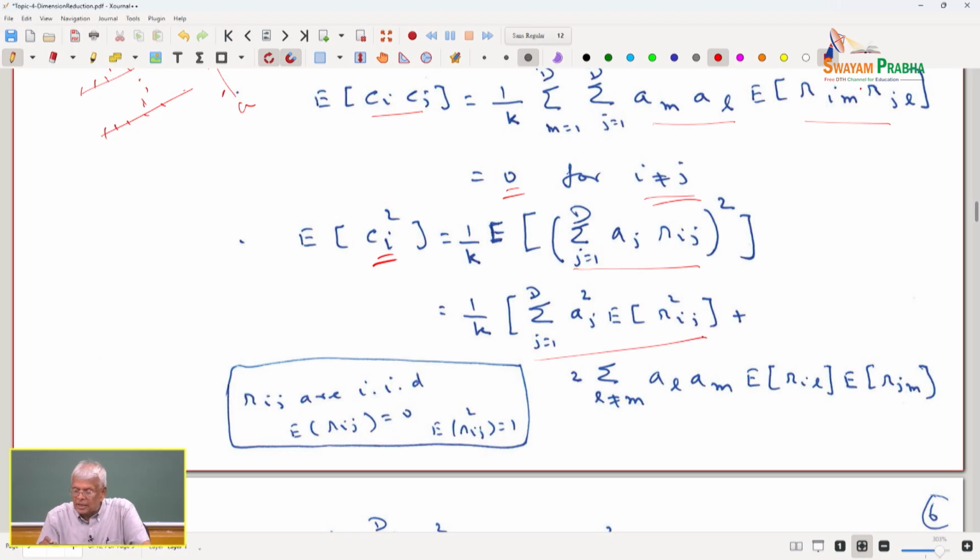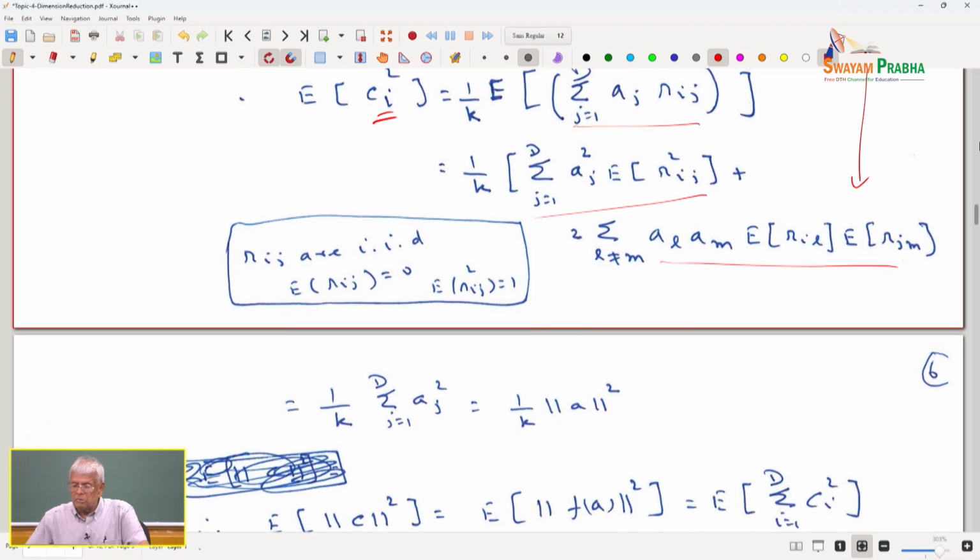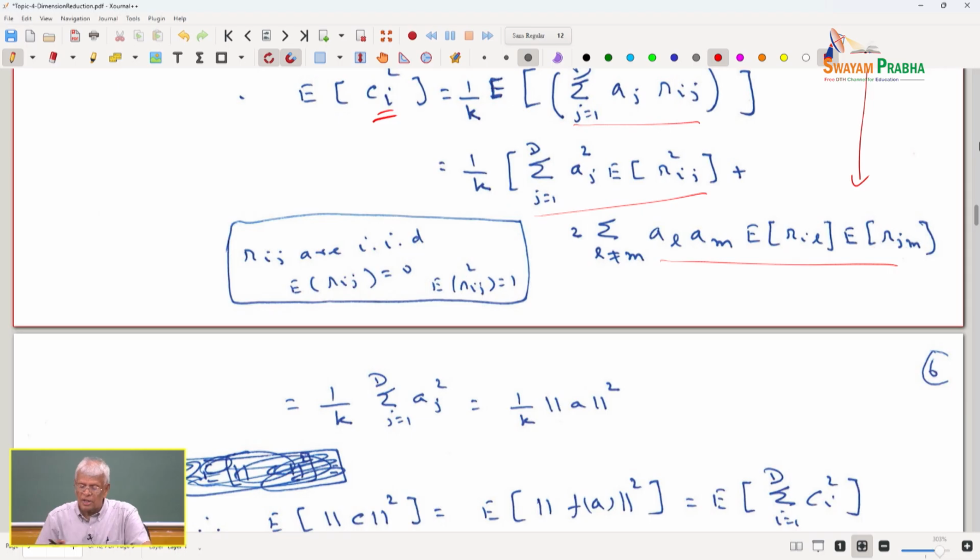Just like a plus b whole square is a square plus b square plus 2ab, there are second degree terms and there are cross terms. The cross terms involve r_il and r_jm, which are independent with mean 0, so the cross term becomes 0.